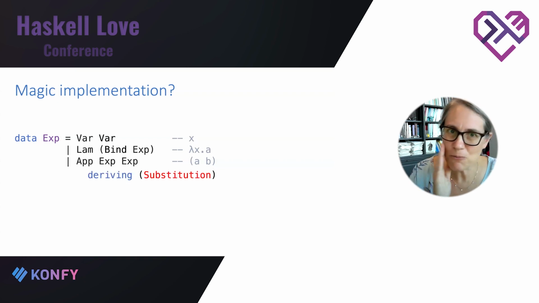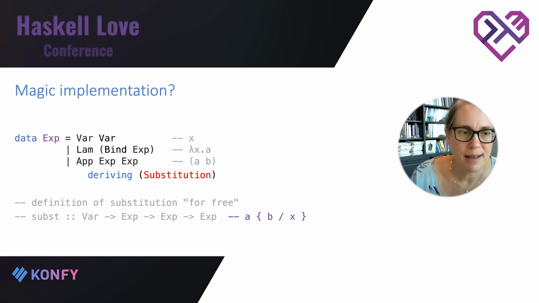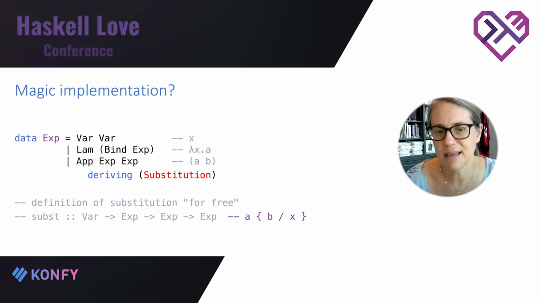And wouldn't it be really great if we could just say, okay, now derive a substitution function for this lambda calculus expression, and just one little line of code would give us this definition of capture avoiding substitution. It would be correct no matter what lambda calculus expression we had, and no one would have to spend any time debugging our implementation.